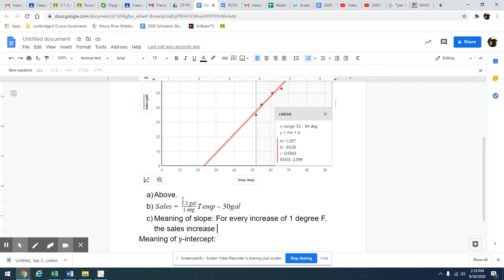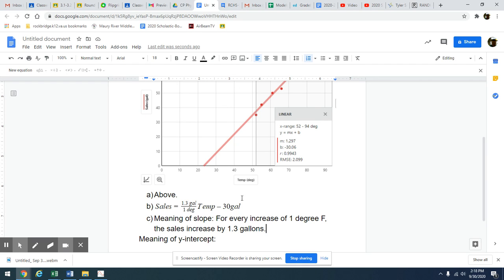If we have a negative sign, we're going to think of the negative going with the top. So for every increase of 1 degree Fahrenheit, the sales increase, because that's positive, by 1.3. If it gets 1 degree warmer, this guy could expect to sell 1.3 more gallons.